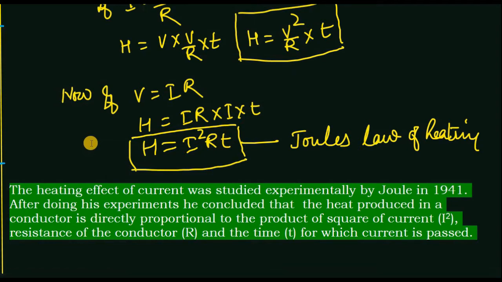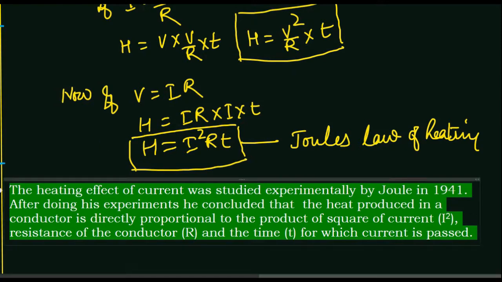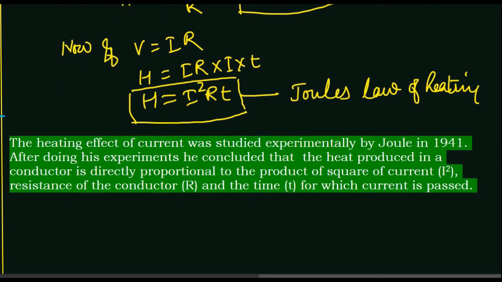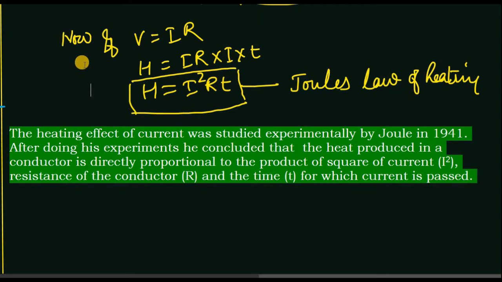After doing his experiments, he concluded that the heat produced in a conductor is directly proportional to the product of the square of current, the resistance of the conductor, and the time t for which the current is passed. So we can conclude this formula. In an examination, this is asked: what is Joule's law of heating?